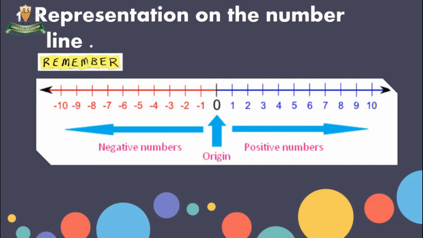So this drawing should be in my mind: 0 and the positive numbers on the right hand side and the negative numbers on the left hand side.